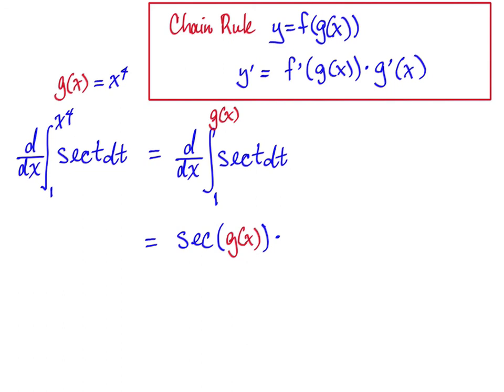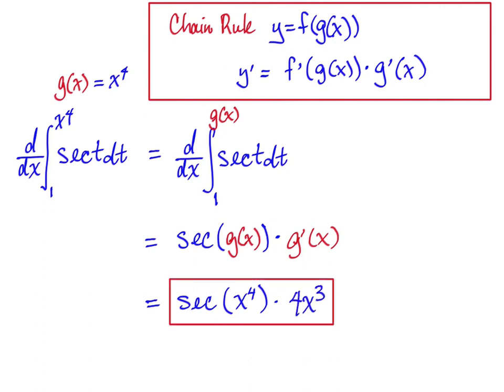That's the derivative of the outside, and that's the fundamental theorem of calculus, times g prime of x, the derivative of the inside. And so let's rewrite it. So g of x is x to the fourth, and g prime of x is 4x to the third.